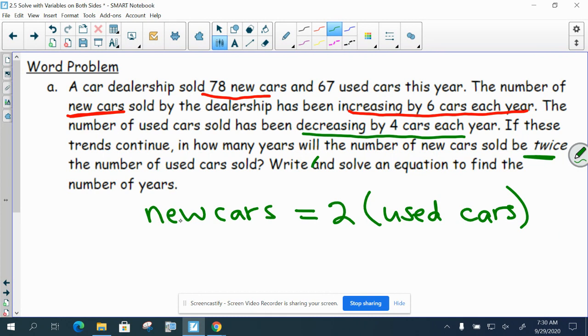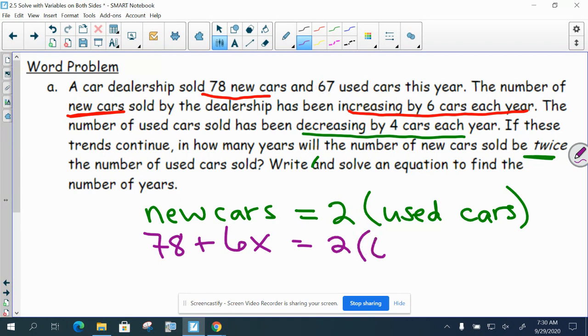So let's write an equation for the new cars. Well, first of all, you always start, well, not always, but it's good to start with the amount that you start with, so 78, and then you're increasing, which means plus 6 cars each year. So 6x, how about let's let x equal the number of years. And then equals 2 times, the same thing for used cars, except we're decreasing.